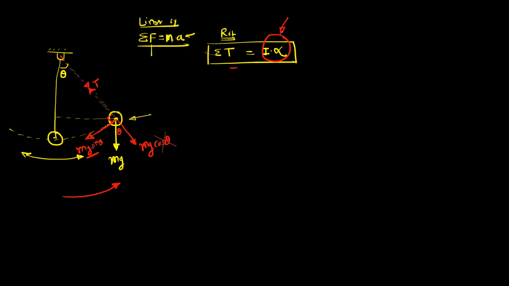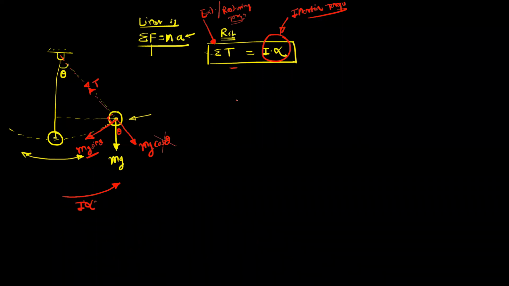So this is called the inertia torque. And the left hand side is called the external torque, or the restoring torque. Okay. So the inertia torque will be on the right side. This is I alpha.